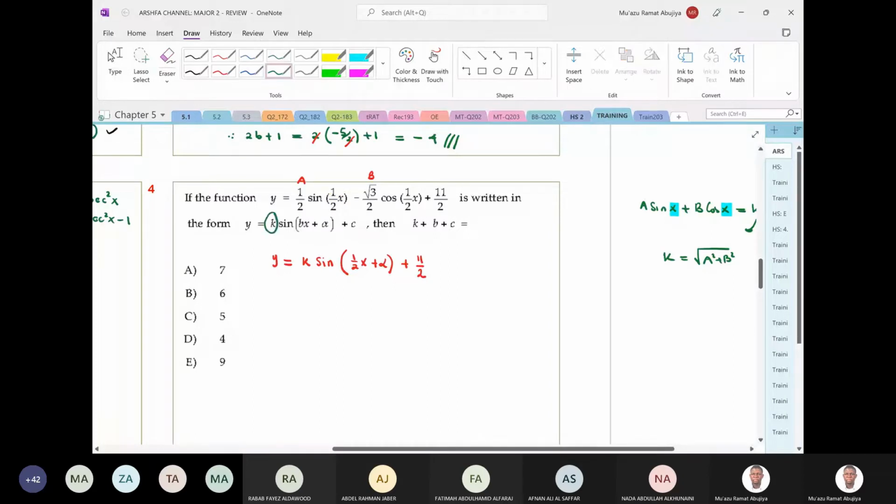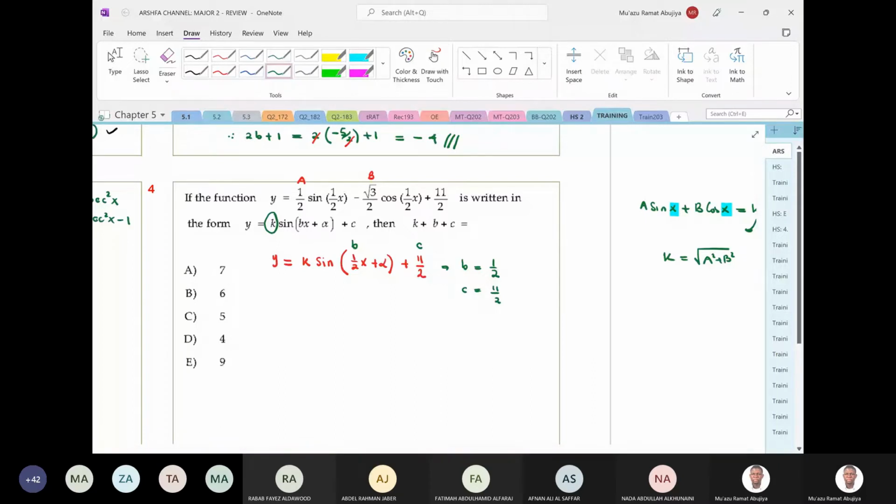We don't know k, but we know b. This is our small b, and this is our c. So you can see clearly that b is equal to 1 over 2, and also that c is equal to 11 over 2. So I don't need to find b, I don't need to find c. It's already given.